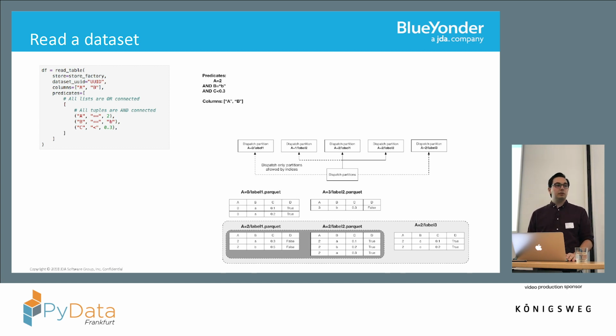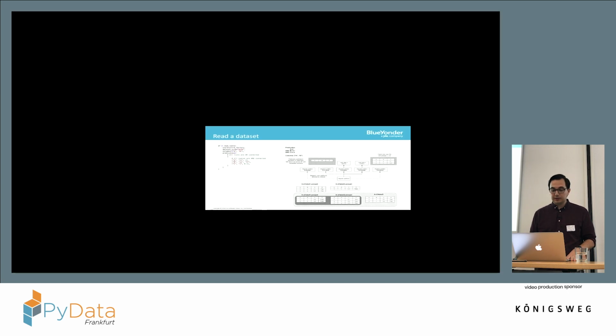So my indices, without touching any file, tell me already that to read this query, I only need to look at these two files on the lower left side, because both indices exclude certain files, and by this I can essentially create only 2 jobs instead of 2,000, which read the data.